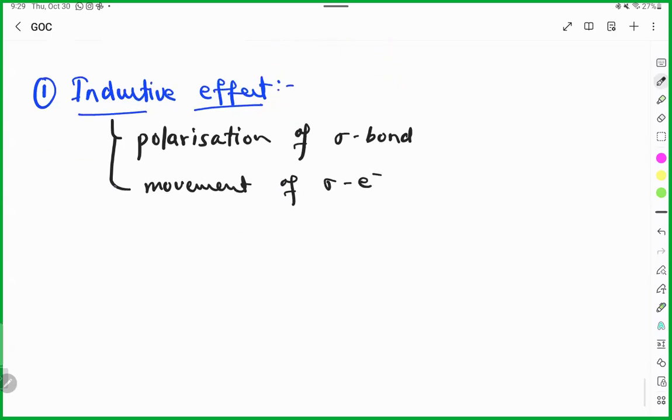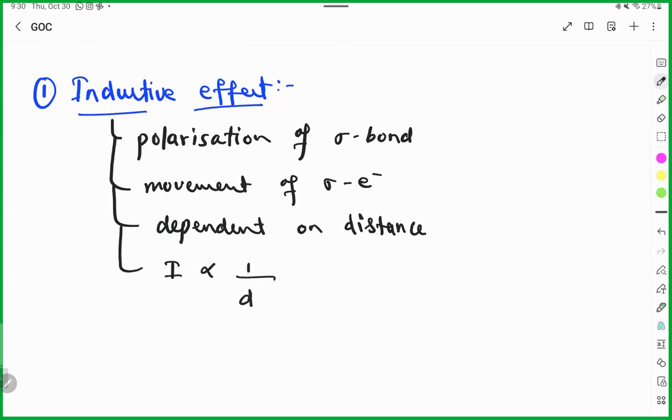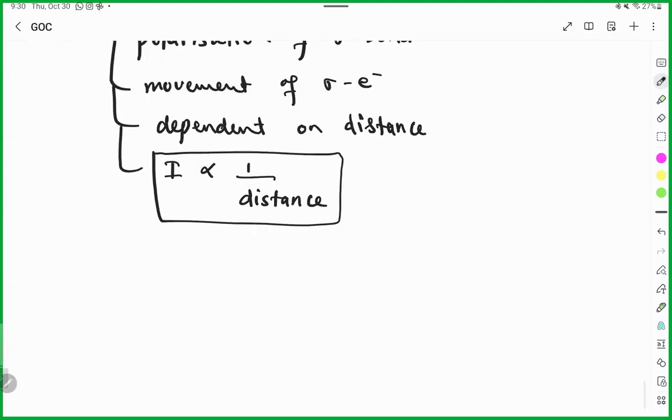And it is dependent on the distance. The more distance you increase, impact will be less. So you can say inductive effect is inversely proportional to the distance. More distance, less inductive effect. Correct. Example: if you see inductive effect at ortho is maximum, then meta, and in the end para.